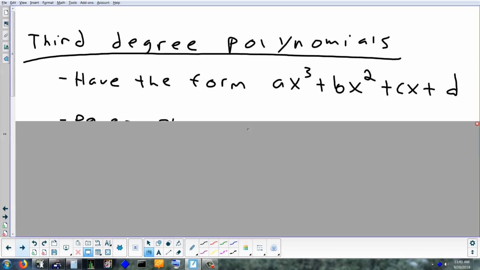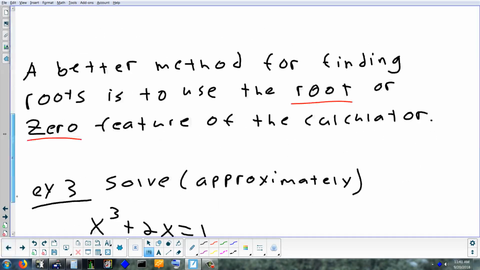So the kind of graphs we've been looking at a little bit are third degree polynomials. Remember, degree is just the highest exponent. In general, you could have a third degree polynomial that has every single term in it: cube, square, linear, constant. D is the constant. Some problems have every term, some don't.